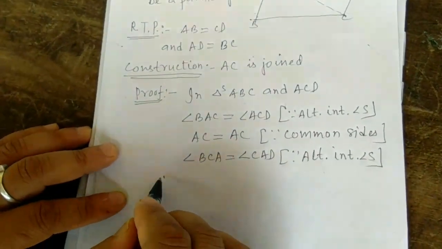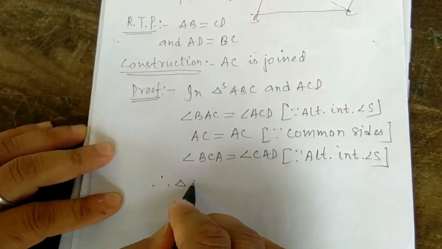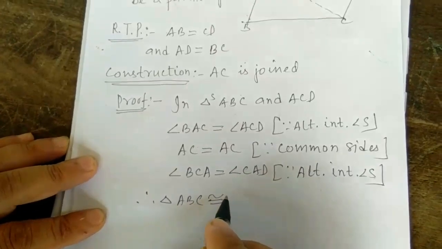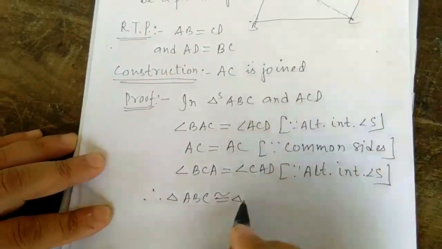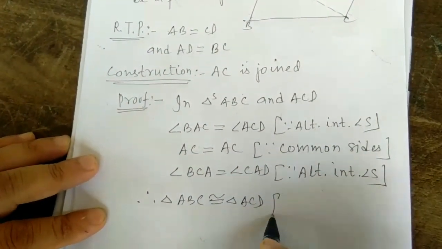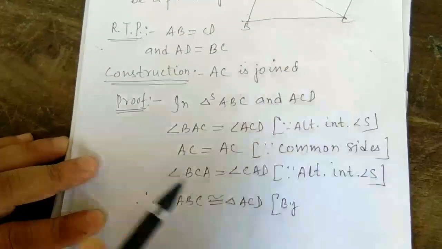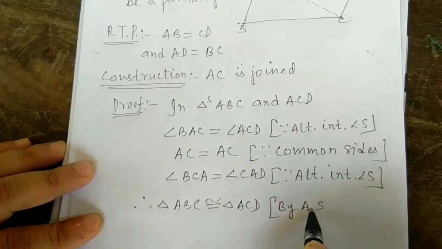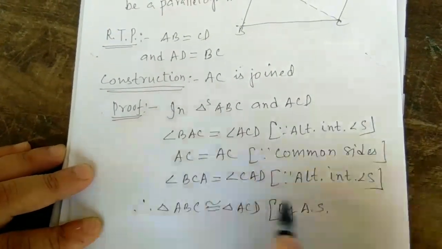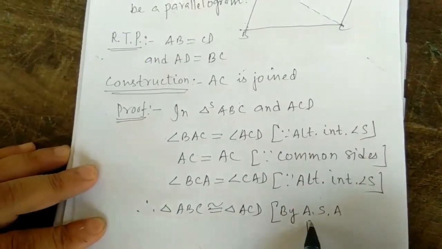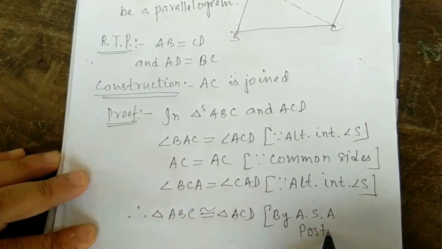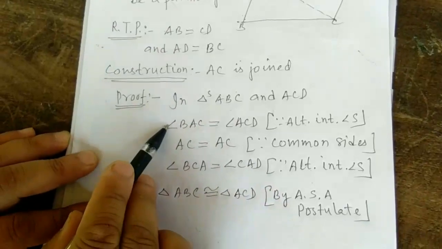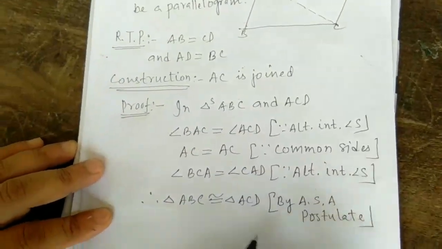After that, write directly. Therefore, triangle ABC is congruent to triangle ACD. By what postulate? Here angle, so angle; this is side, so side; this is angle, so angle. Angle side angle postulate.